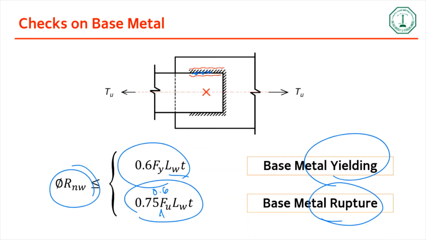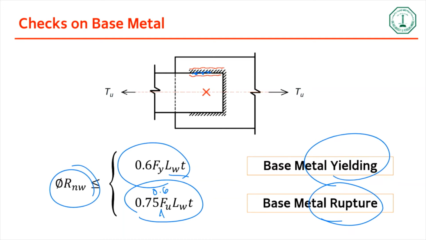Your base metal should not fail before your weld fails. That's a big design problem, because you have designed a weld to be safe, but if your base metal fails, it is something that you have to be worried about, because you have made the connection right, but the connection did not fail, the material failed.